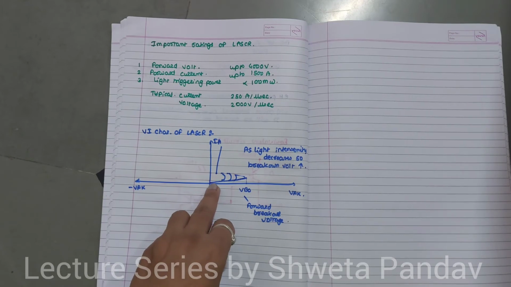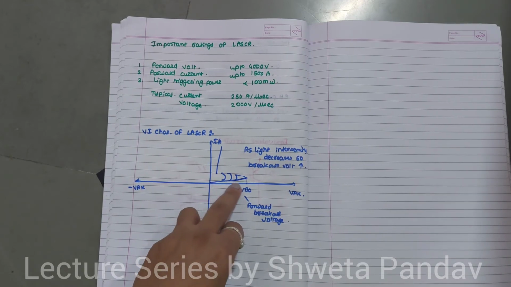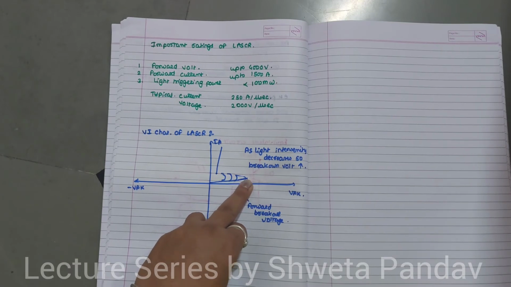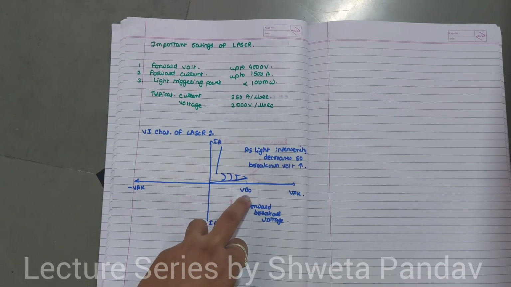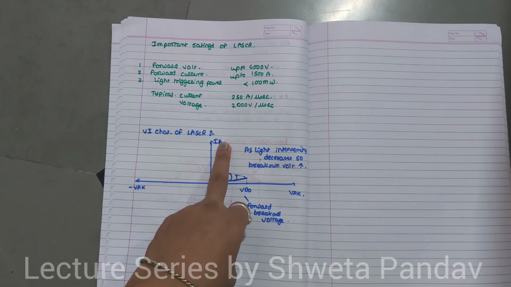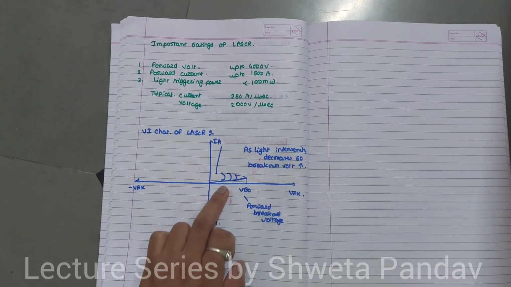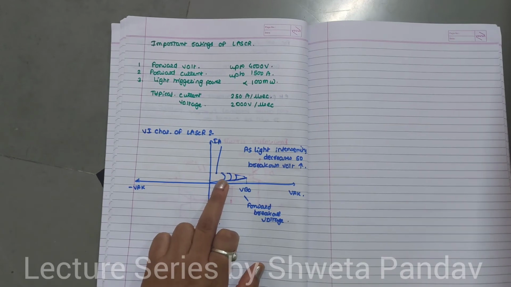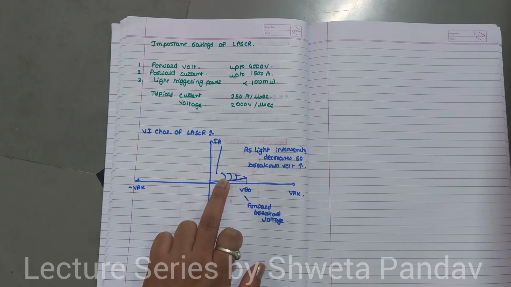Initially, when the intensity of light is small, a small amount of current flows across the LASCR, and after the breakdown occurs, at the forward breakover voltage, the current increases immediately. In a normal SCR, suppose this is gate current 1, gate current 2 and gate current 3. Gate current 3 causes the forward breakover voltage to occur initially.